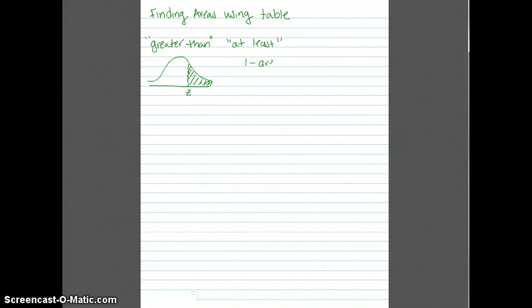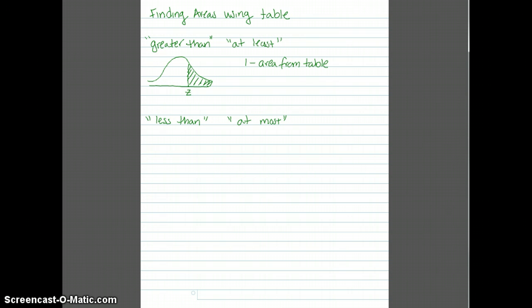Now again, the table gives you the area on the left. We want the area on the right, so we're going to take 1 and subtract the area that we get from the table.